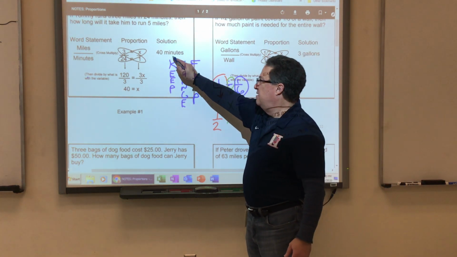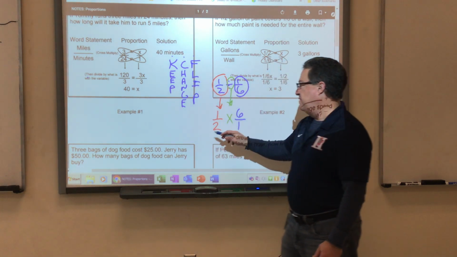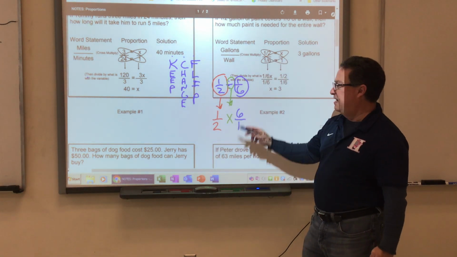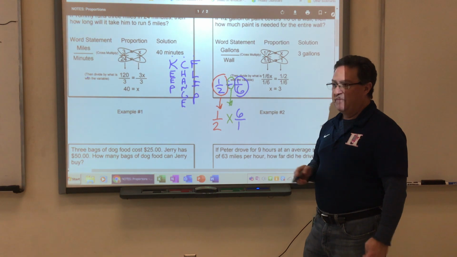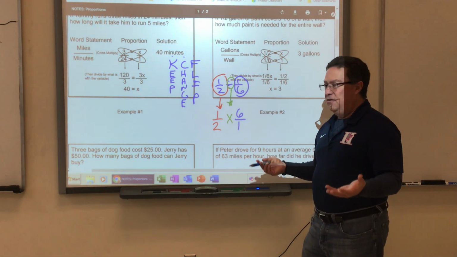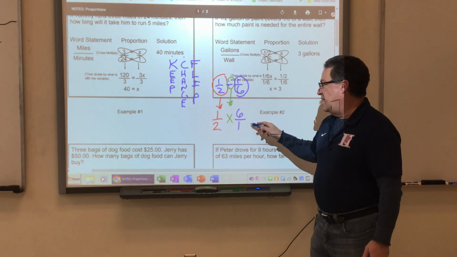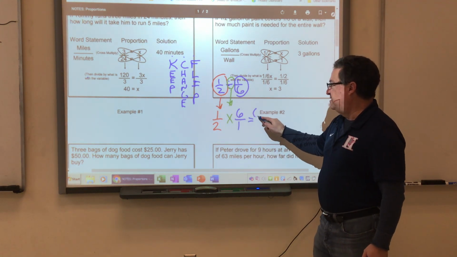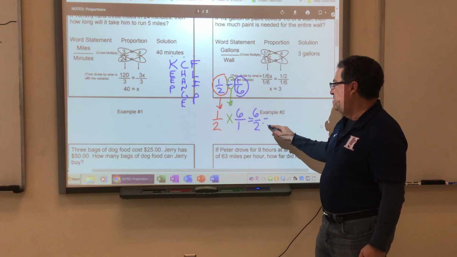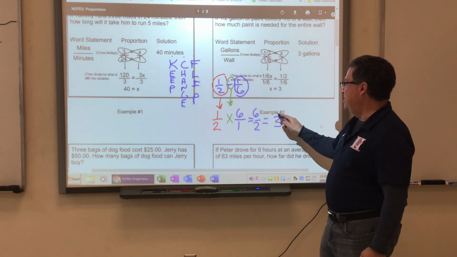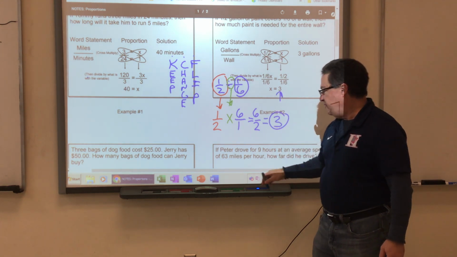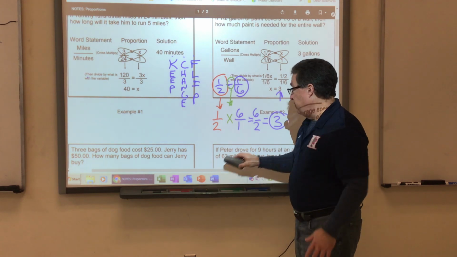So keep the first fraction, change the sign, flip the second fraction. And then follow the normal rules for multiplication, which is to multiply straight across. That's 6/2, which does equal 3, which is the answer. So I wanted to make sure we did that before we go any further.